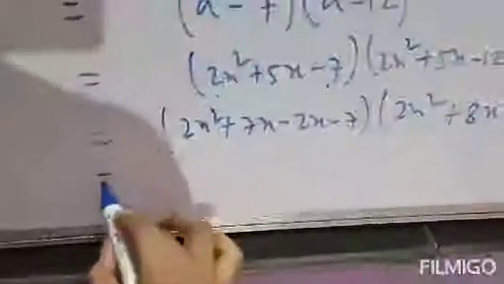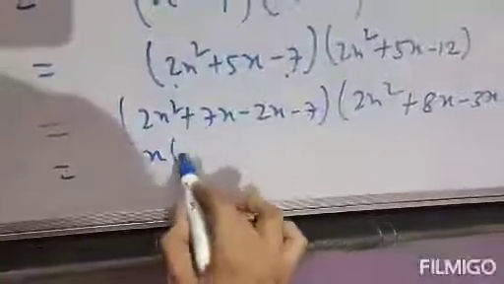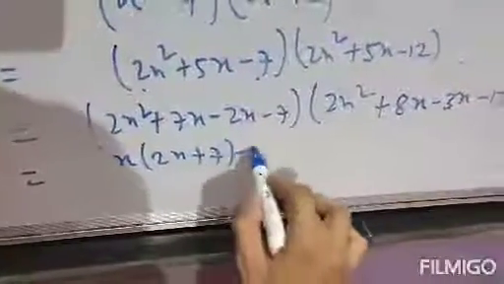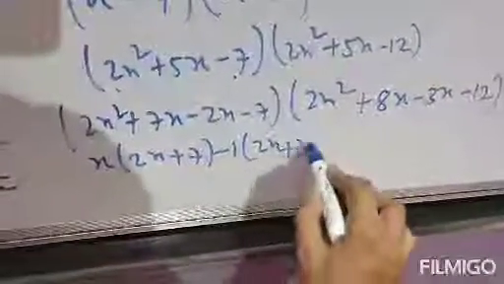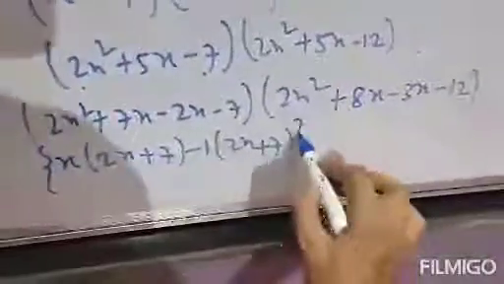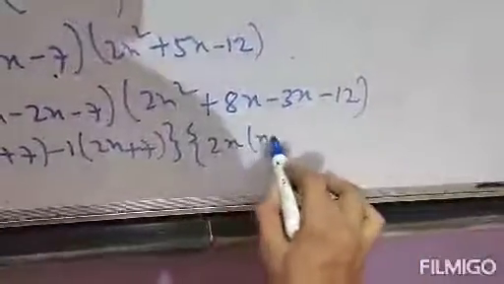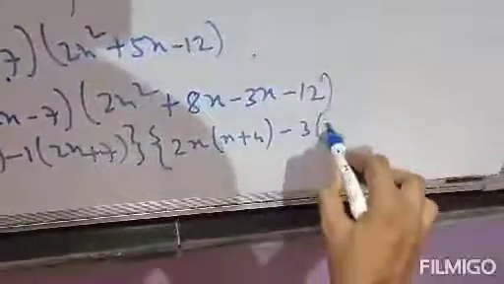Now take out common x, this is 2x plus 7 minus 1, 2x plus 7. Here take out common 2x, that is x plus 4. Here take out common minus 3, that is x plus 4. Clear?